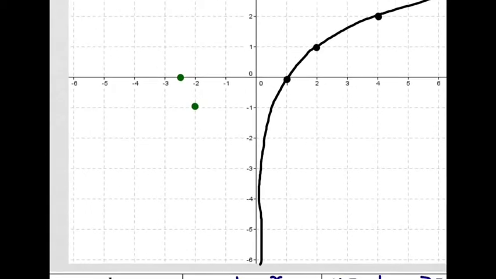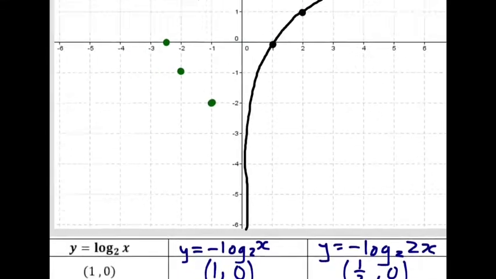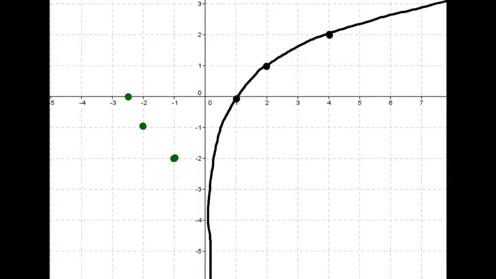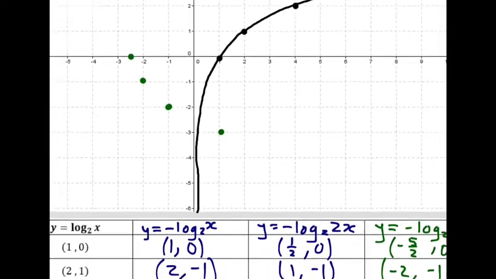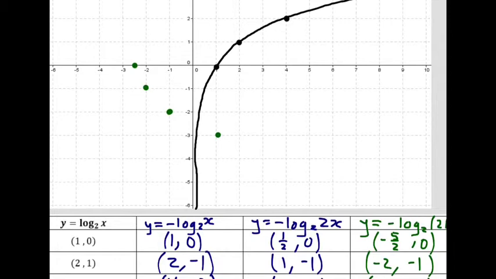Negative 1, negative 2. And 1, negative 3. There we go. Yeah, it got flipped on the x-axis, remember that. So it'll be upside down, right? So I've got something that so far looks like this.